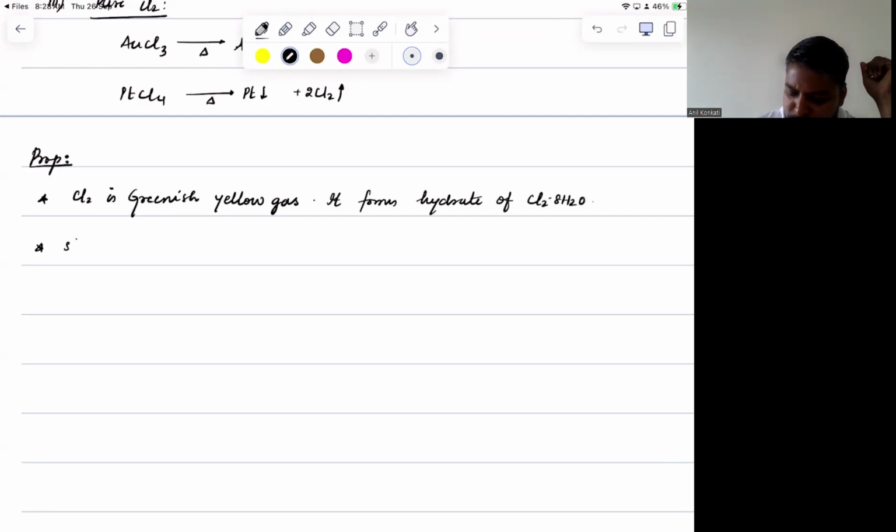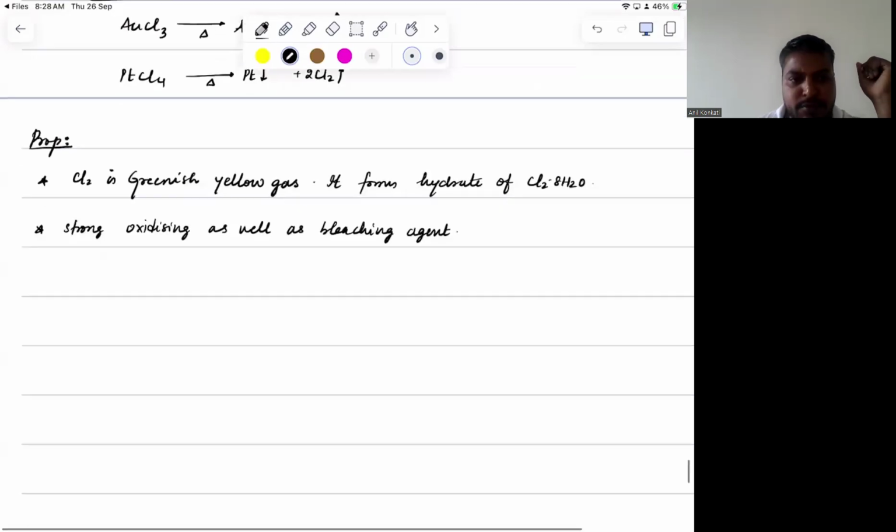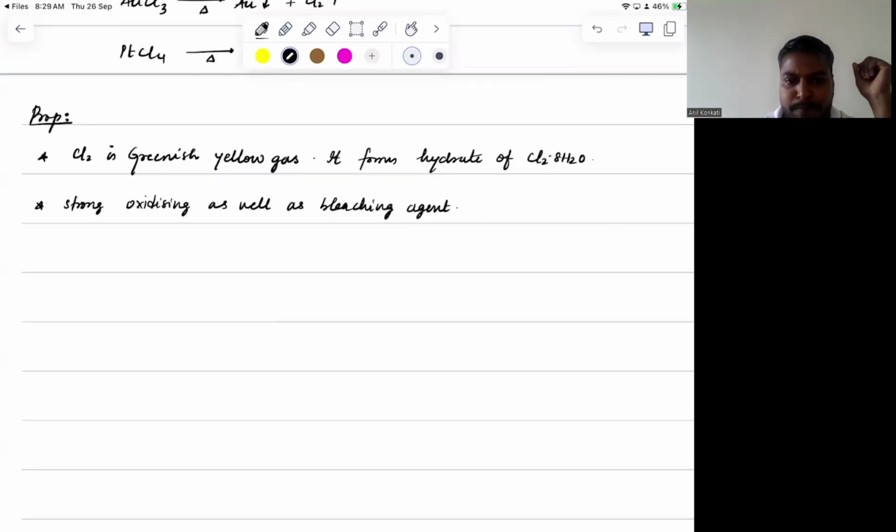It is a strong oxidizing as well as bleaching agent. Can be used as both. And the bleach is permanent. Bleach due to chlorine is permanent. Got it?